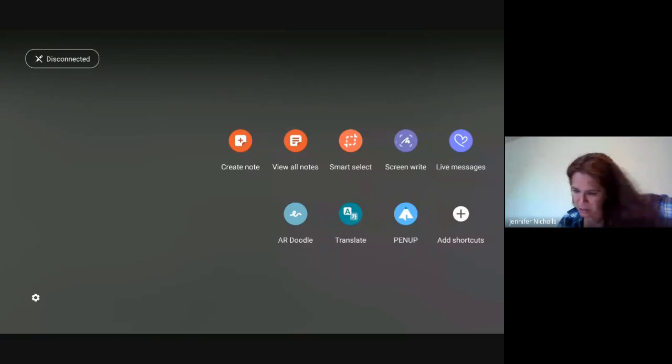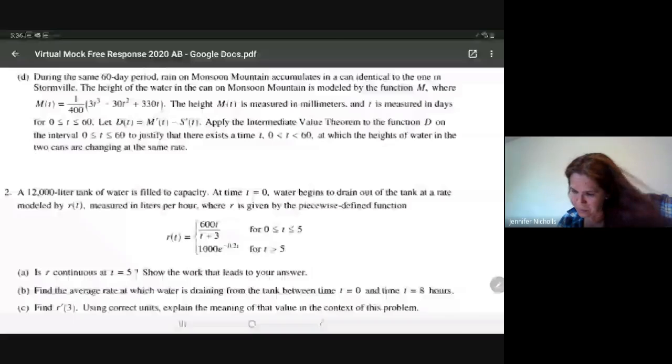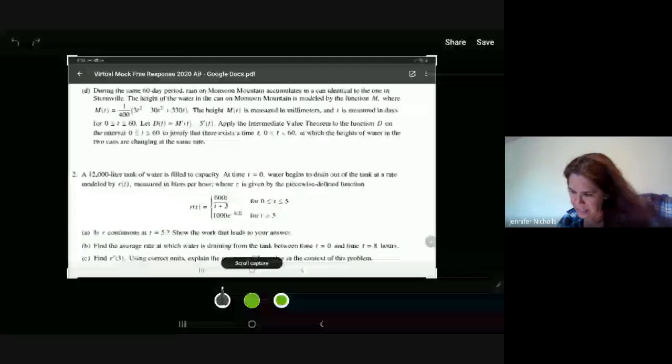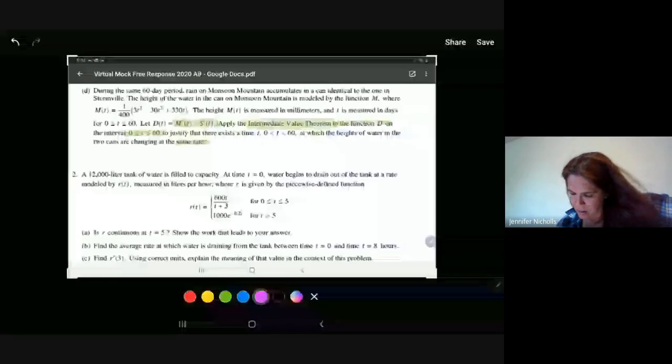Apply the intermediate value theorem on the function d on this interval to justify there exists a time at which the heights of the water are changing at the same rate. So a same rate means these are the same. So they're wanting to prove that, and let me change it to a pen.